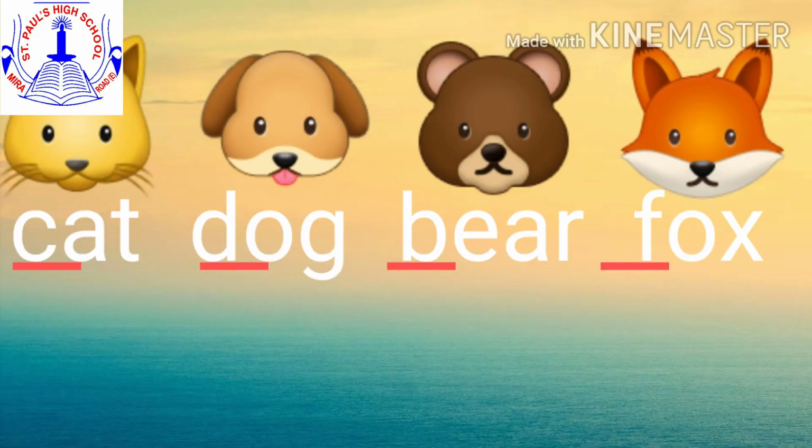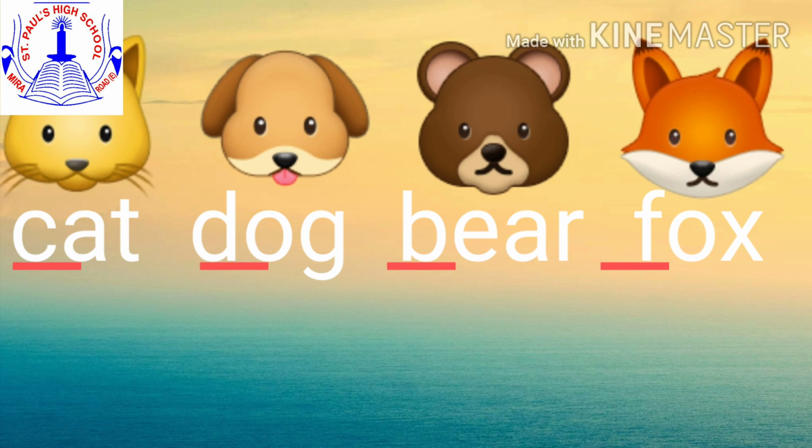Look at the animals in this picture: cat, dog, bear, fox. They are not arranged in alphabetical order. So how do we do it? For that, we look at the first letter of the words. In this case, I have underlined it in red so that you can see it easily.